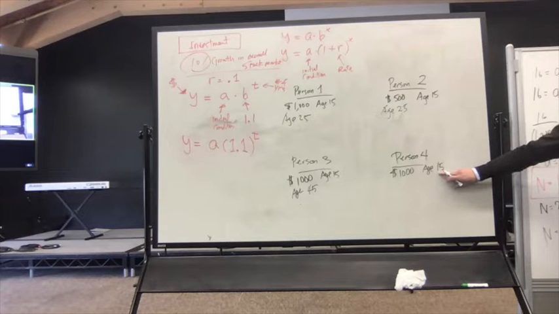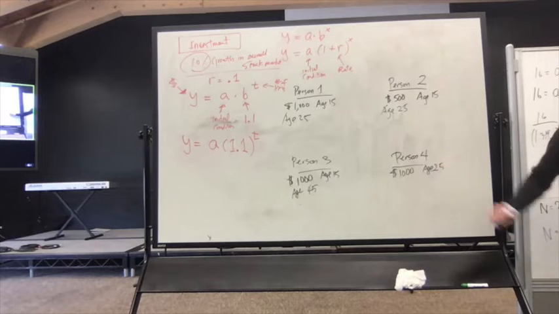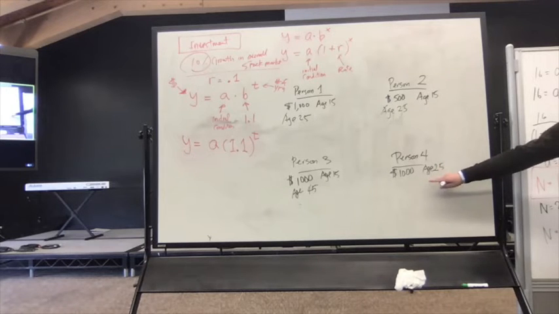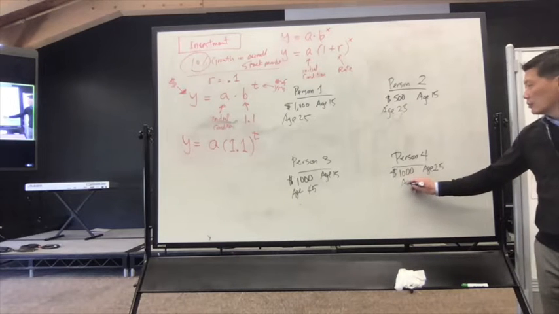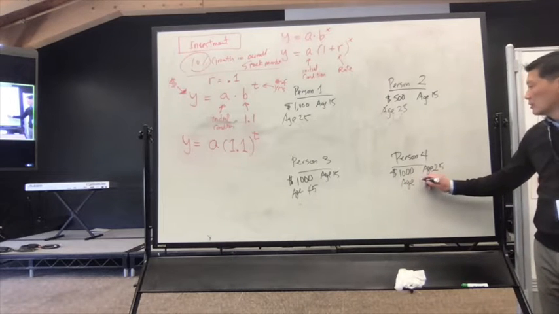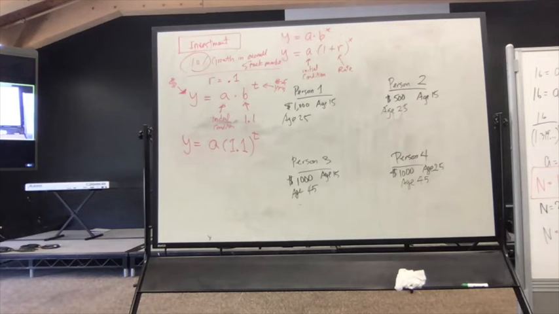Instead of investing at age 15, you decide to not invest, but when you turn 25, you decide to invest $1,000. And then you also decide to cash in at age 45. So go ahead, figure out how much you have at the target age.